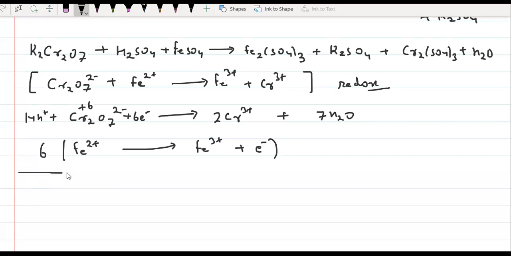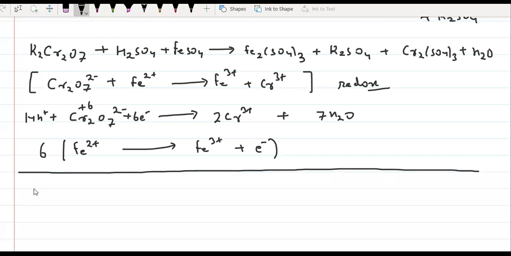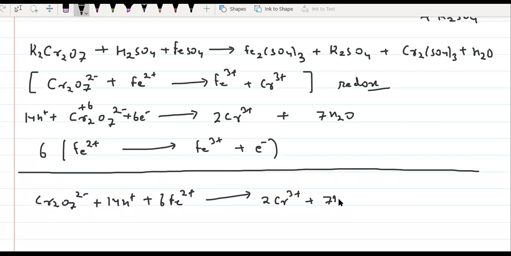Now just add them. So it is Cr2O7 2 minus plus 14H plus plus 6 Fe2 plus gives 2 Cr3 plus plus 7 H2O plus 6 Fe3 plus.